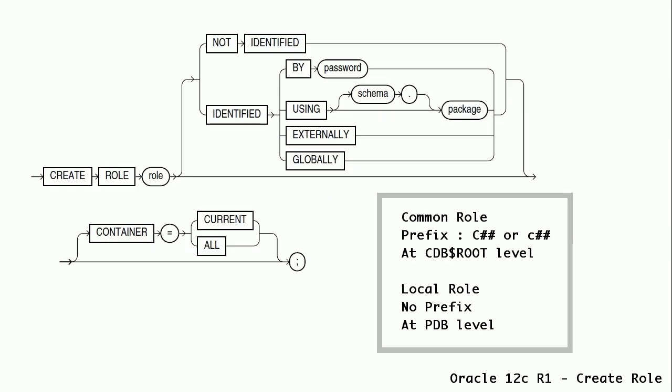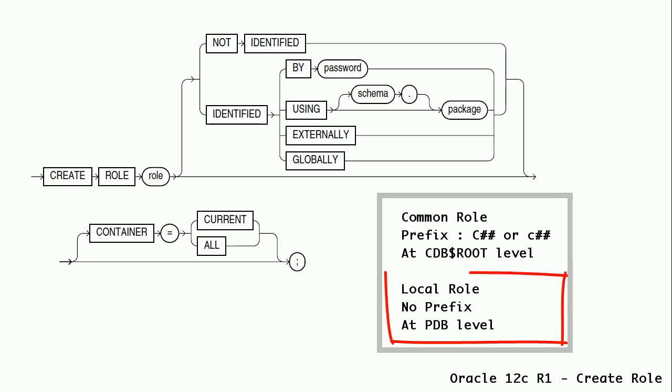This is the syntax diagram for the create role command. The container clause is new in Oracle 12c. To create a common role, we have to connect to the root container. We have to prefix the role name with the C## symbol and we have to specify container equal to all.